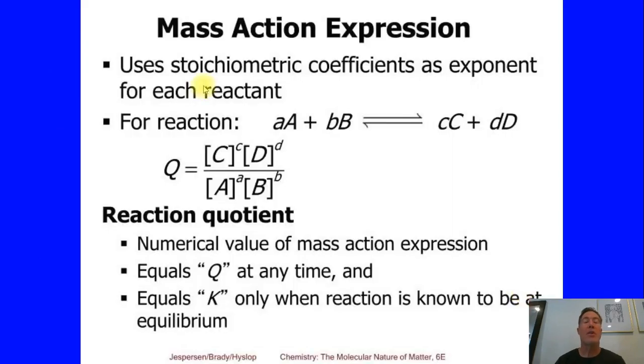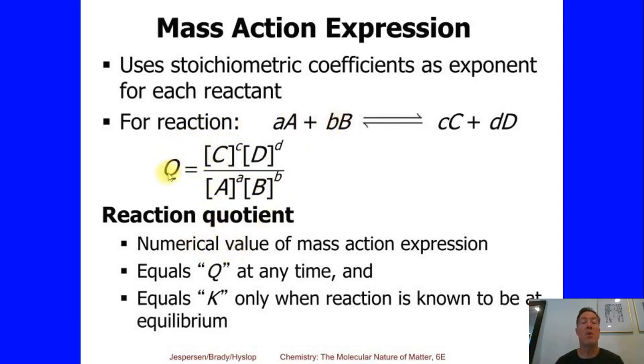Just like the equilibrium constant, we can write the reaction quotient in the exact same way. So for this typical reaction, we're still going to put products raised to their coefficients over reactants raised to their coefficients. And this we call Q, and it's equal to this concentration at any time in the reaction, whether it's at the beginning, middle, end, it doesn't matter.